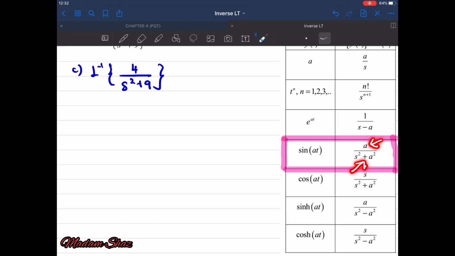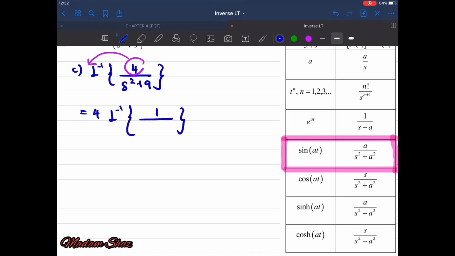Now we have to determine the value of a. The value of a is at the bottom side. The constant at the upper side you have to bring to the outside. So the first step, we bring 4 to the front: 4 times the Laplace inverse of 1 over s squared plus 9.